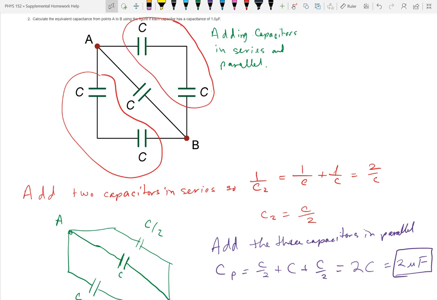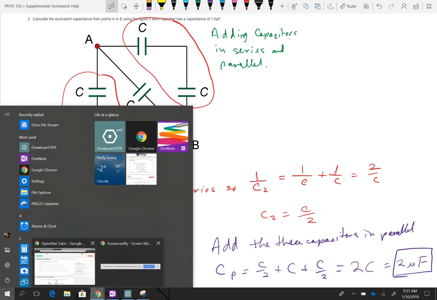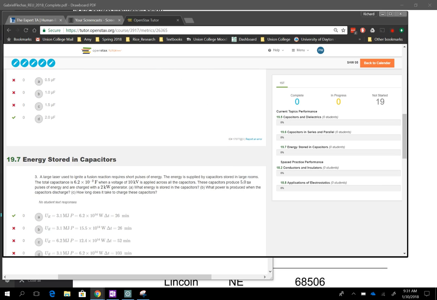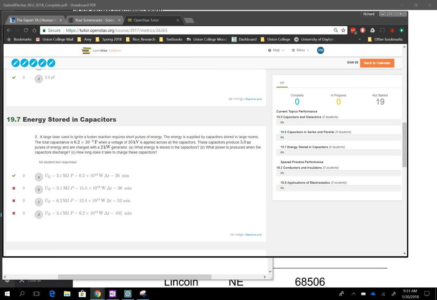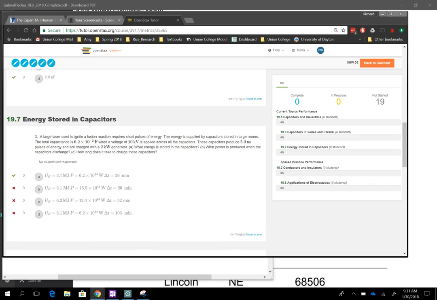Whereas in parallel, your capacitors add normally, and then your resistors add as inverses. Okay, go on to the next one. I think we should just do the first 3 because after that they're just practice problems.